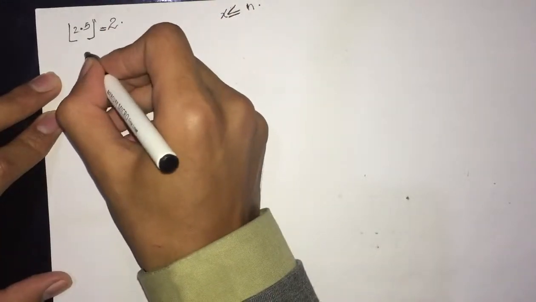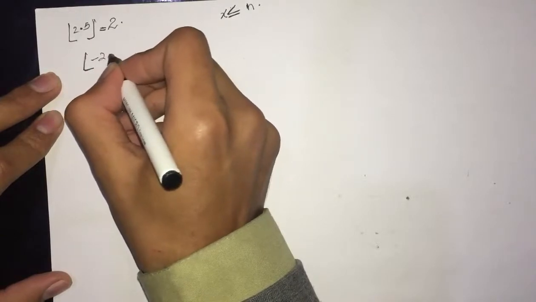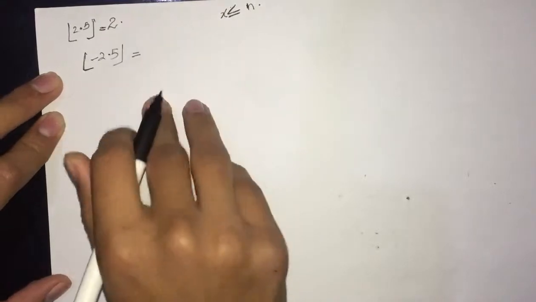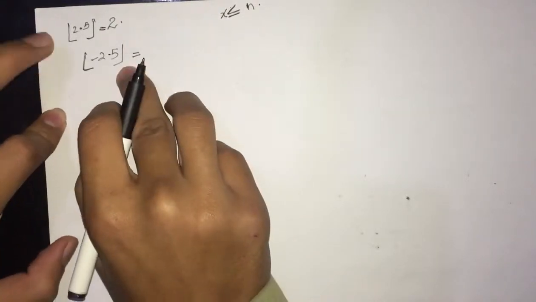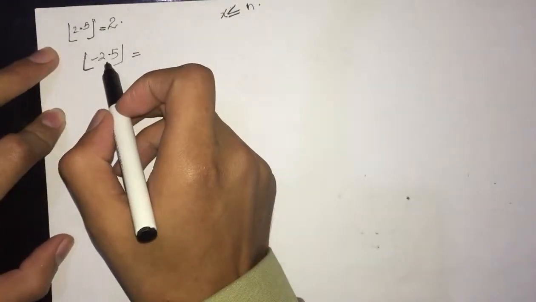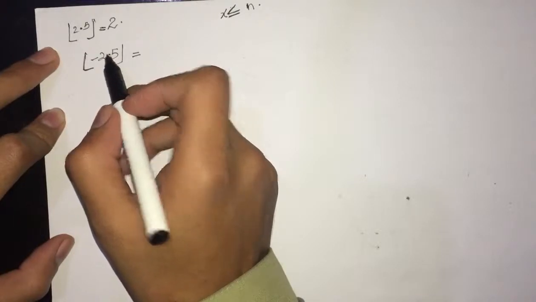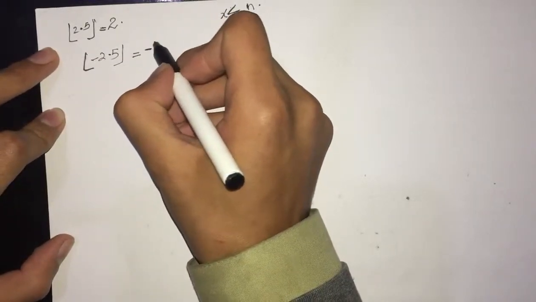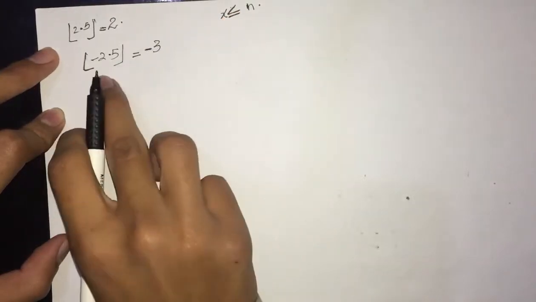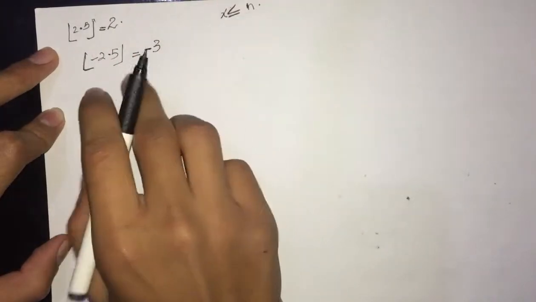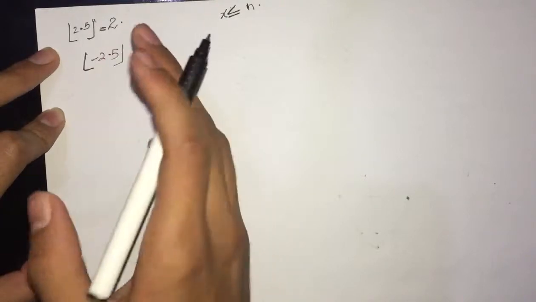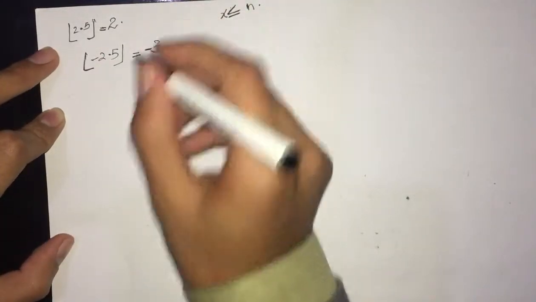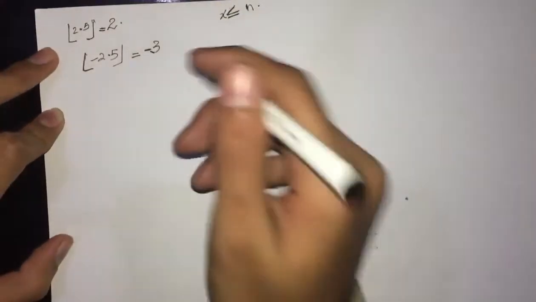But if we input a negative number, let's say minus 2.5, it won't output minus 2 because minus 2 is greater than minus 2.5. So instead it will output us minus 3, because it's less than minus 2.5 but it's the greatest integer. So that is why it's called the greatest integer function.